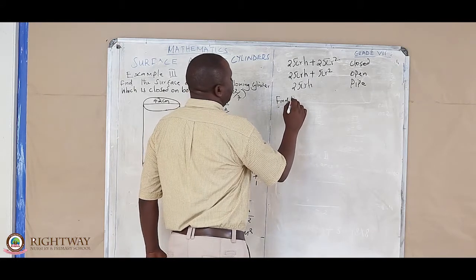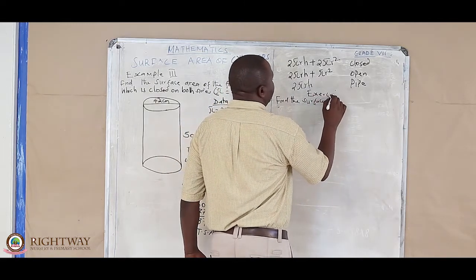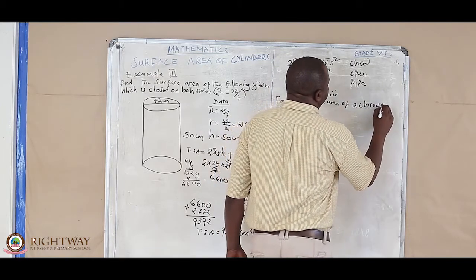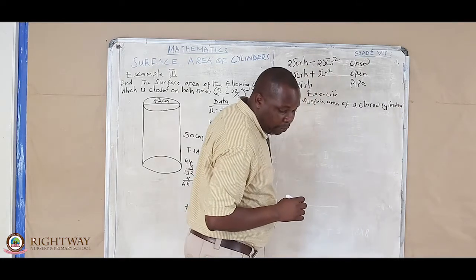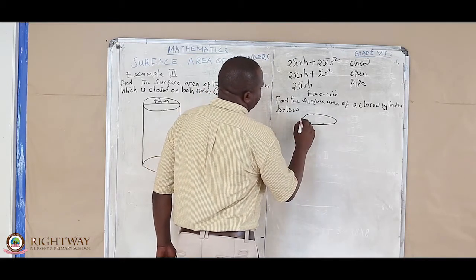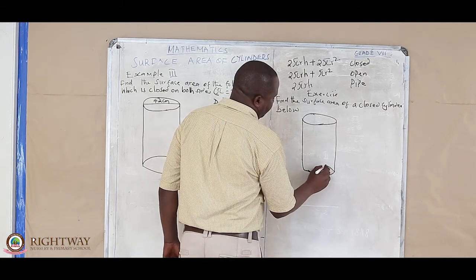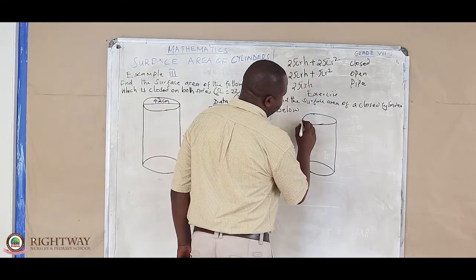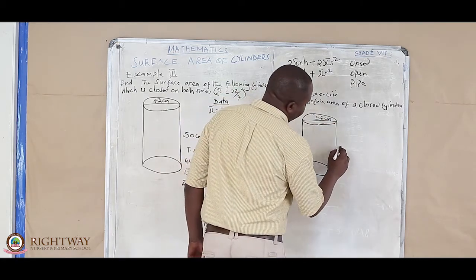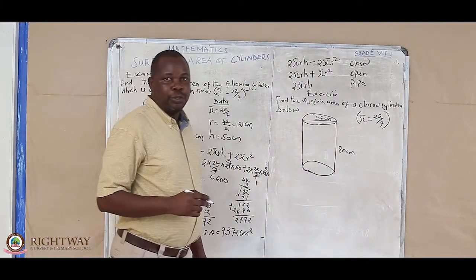Find the surface area of a closed cylinder below. Pi will be 22/7. I wish you the best.